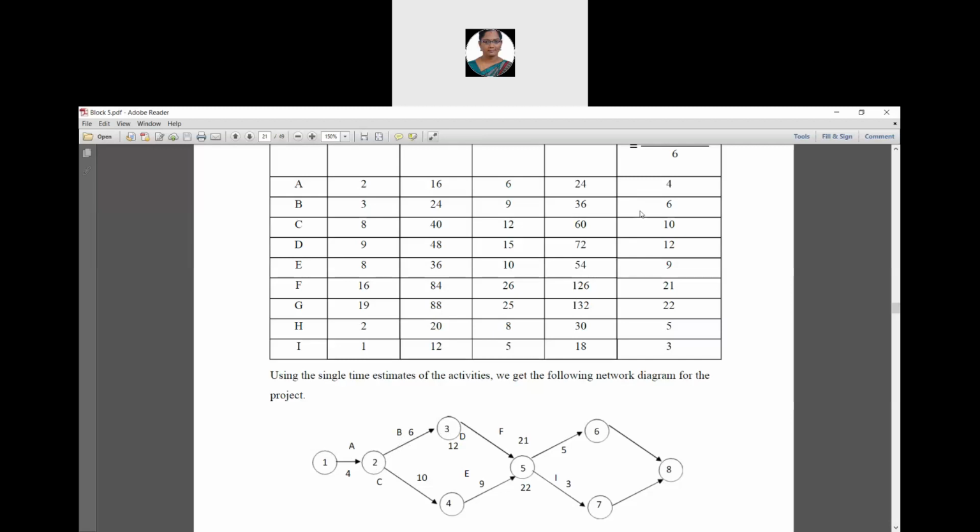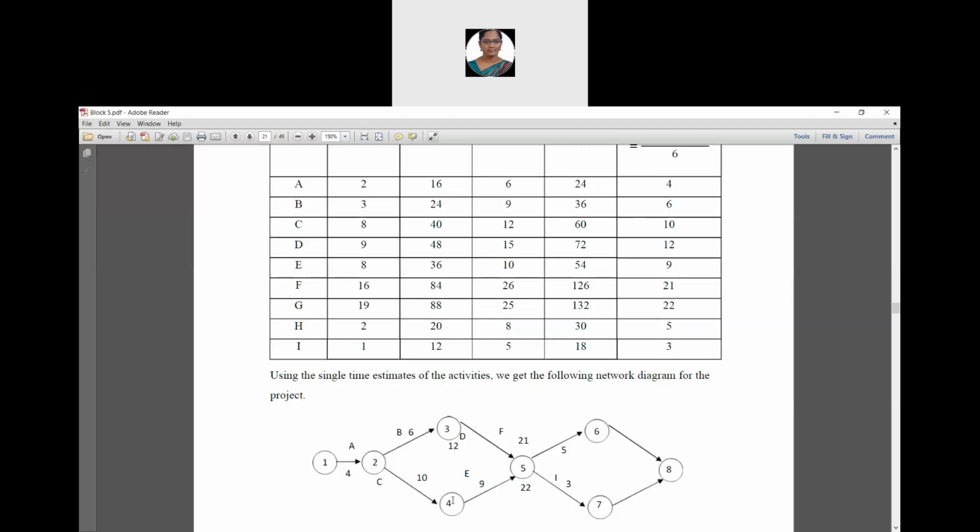Then 2 to 4 is there. Why? Because C has the predecessor activity A, and its time duration value is 10.